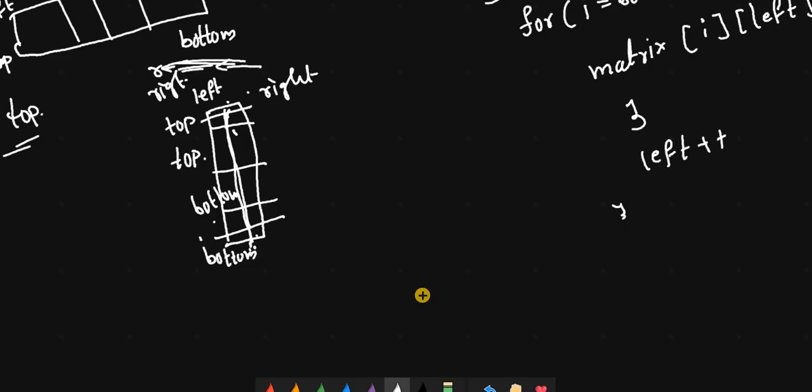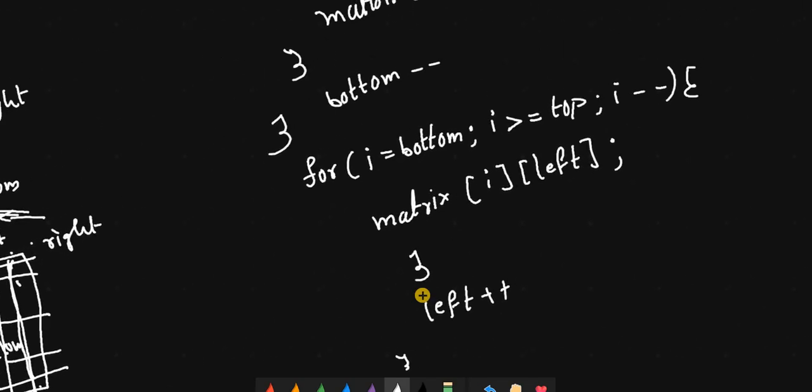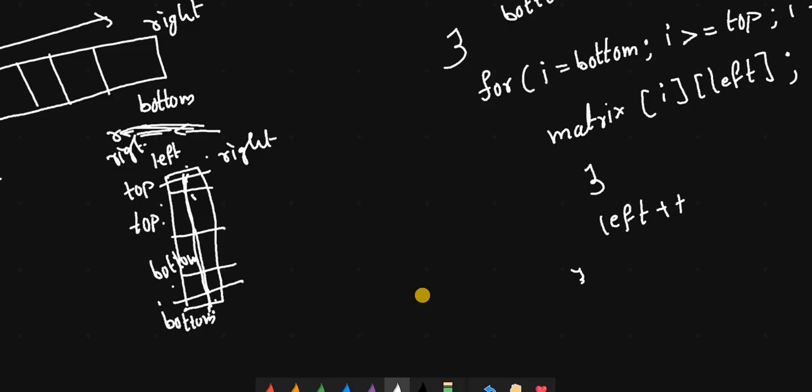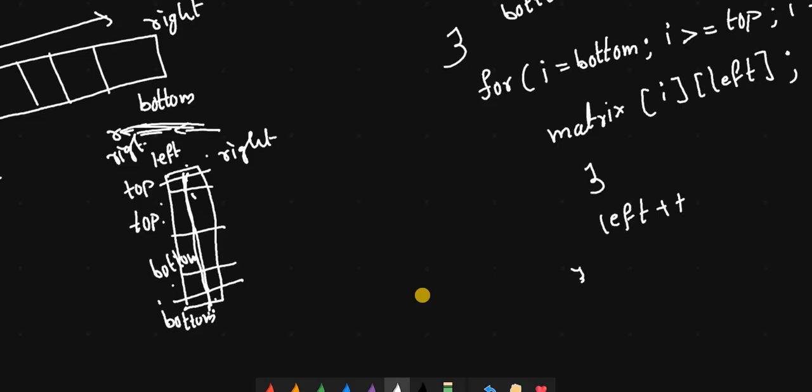So to check that: this bottom to top loop will run because bottom is okay, and bottom is greater than or equals to top. Top is there, so this condition is true. But we have to stop this because there are no columns. So how can we stop that?